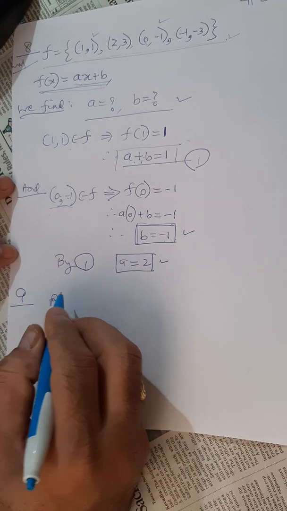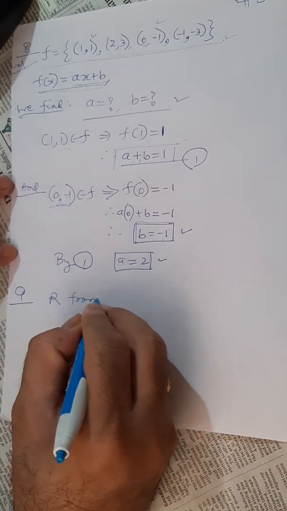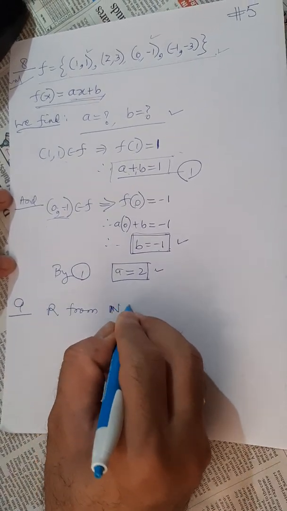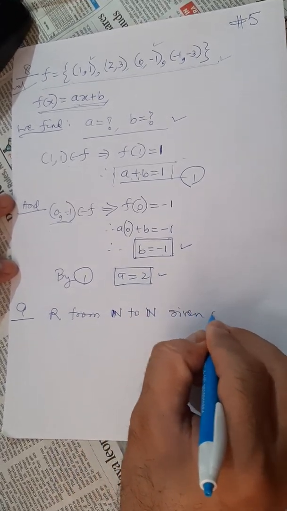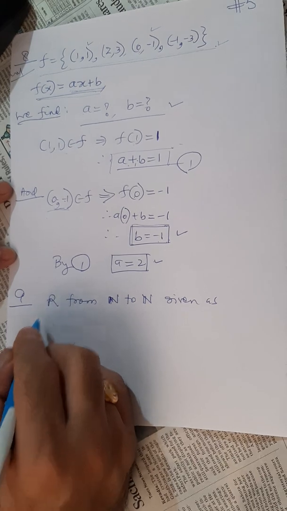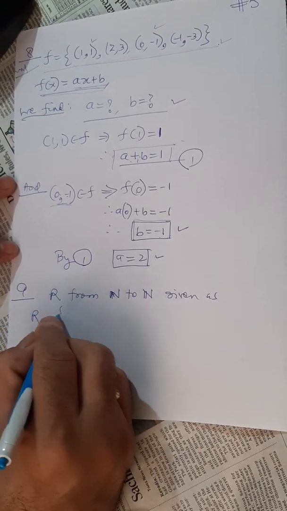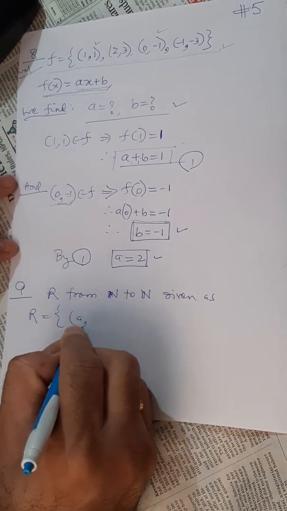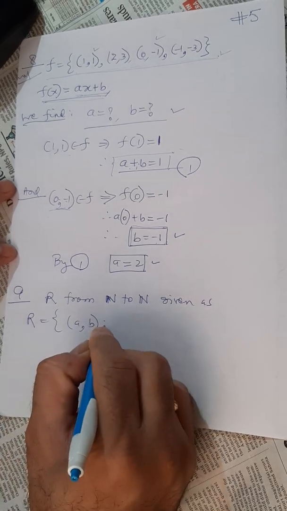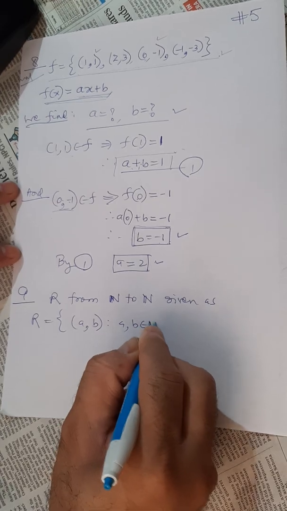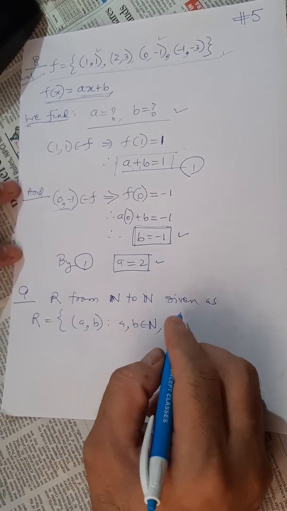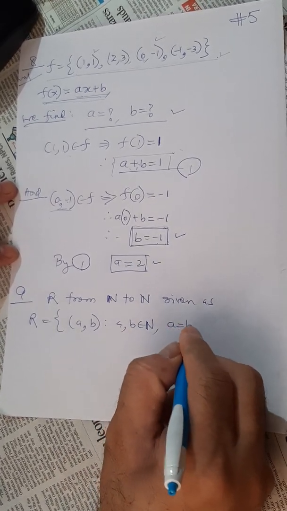So your relation R from N to N, natural numbers to natural numbers, is given as follows. Remember, R equals, you recall, a relation is a set of ordered pairs a comma b, where obviously a and b are from natural numbers, and you are given that a equals b square.